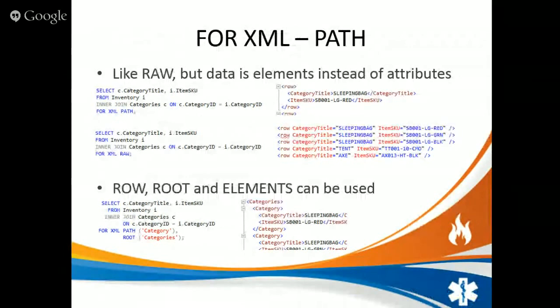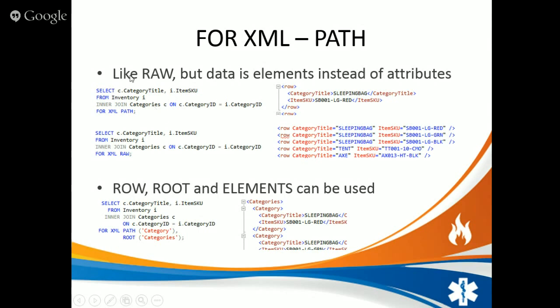Okay, for XML path, it is like raw, where it has its default names. Once you specify them, it doesn't take the table names, and it will by default put your column values as elements, element values, not as attributes in each of the XML.